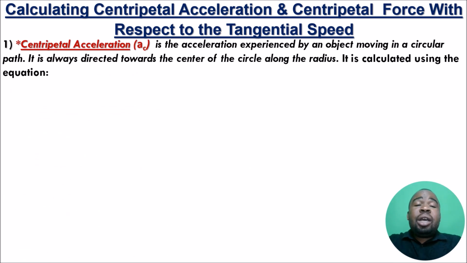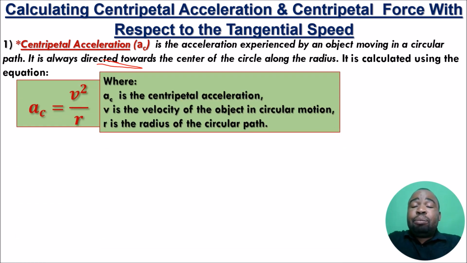Now, we define the centripetal acceleration as the acceleration experienced by an object moving in a circular path. And we said it is always directed towards the center. How do we calculate it? This is the relationship you need if you are doing A2 physics. The centripetal acceleration of an object is equal to the square of the velocity divided by the radius, a = v²/r.